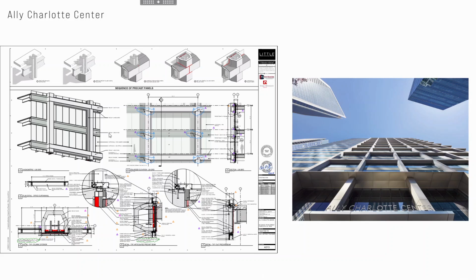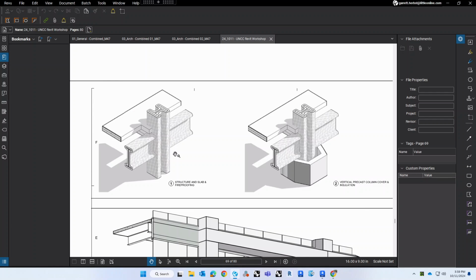Let me see if I can zoom in. What we're showing in here is all of the different parts and pieces that need to be within this assembly for it to function correctly and be up to code. So the fire safing needs to go in, that bottom piece, the horizontal exoskeleton. What we also start to show is the sealant.